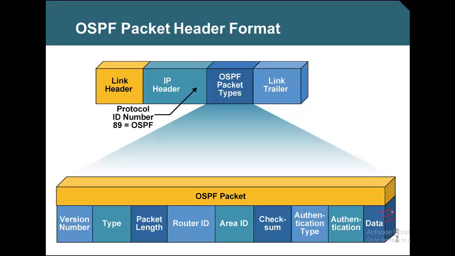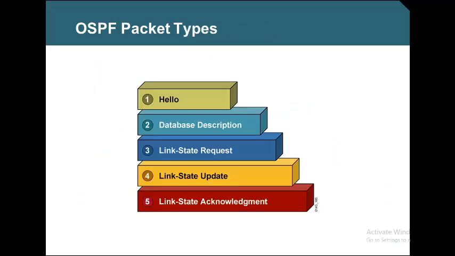When there is a query, the requests are sent. The requests are sent when the router feels that there is some incomplete information from the neighbor. Those requests are the data. LSU is the response to the LSR. LSU is nothing but link state update, which is type 4. And for all this, you will have type 5, which is called acknowledgement. Type 5 is acknowledgement.